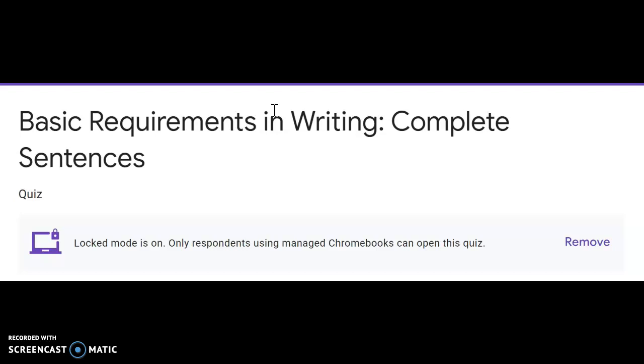A quiz is not the right time for that. If you don't understand the concepts, then don't even try to take the quiz yet. Talk to your teacher, talk to me preferably before you even take the quiz. If you open up the quiz and you realize, oh my gosh, I don't know this stuff, then close it down. Google Meet with me. Let's talk about it. I'll reopen the quiz for you.